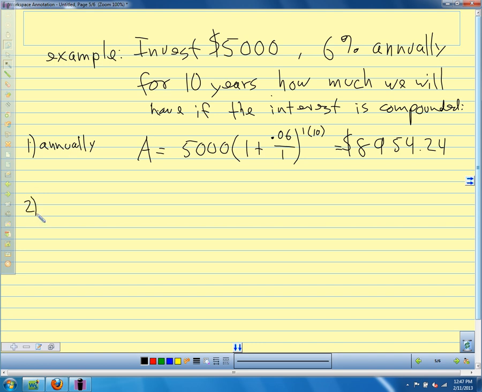For the second example, we want to compound quarterly. So my principal is still $5,000. 1 plus 0.06 is our interest rate. Compounded quarterly, how many times per year? 4.